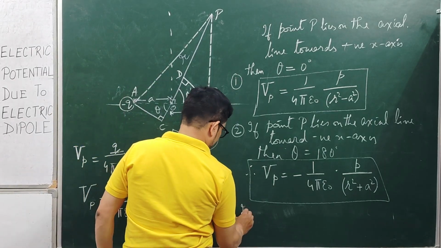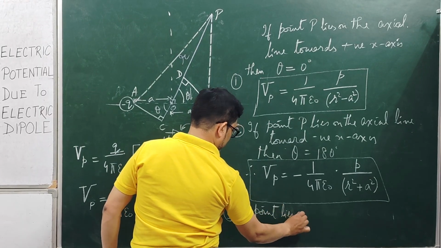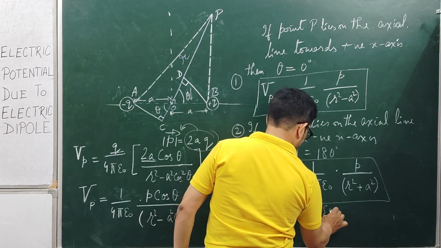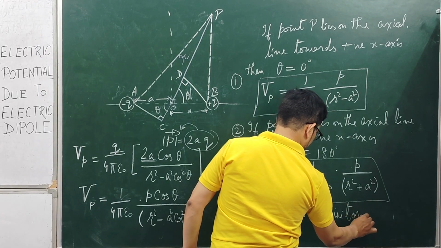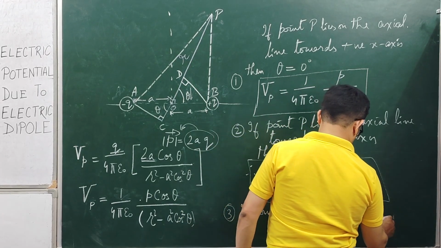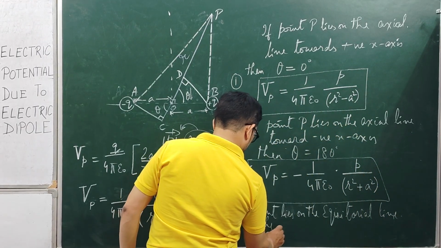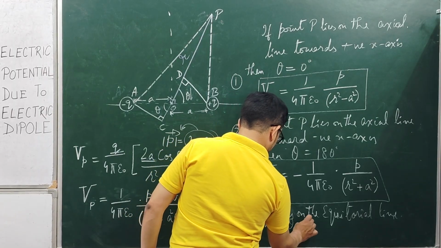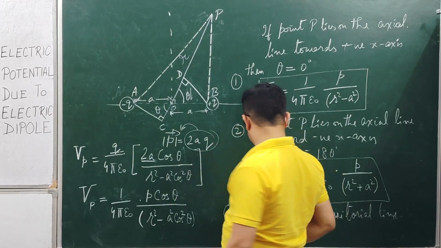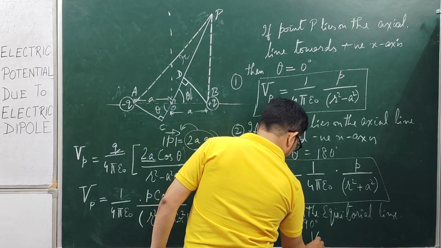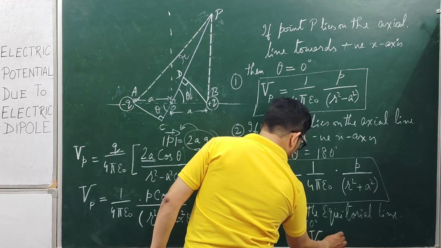So if point P lies on the equatorial line, then theta is going to be 90 degrees, and cos 90 is 0, everything goes 0, so therefore the net potential at any point on the equatorial line would be 0.